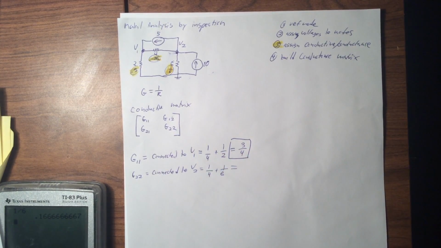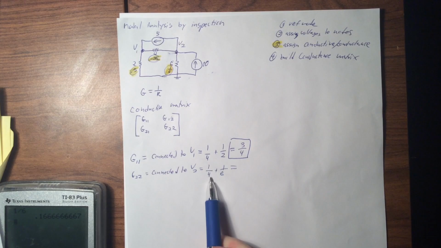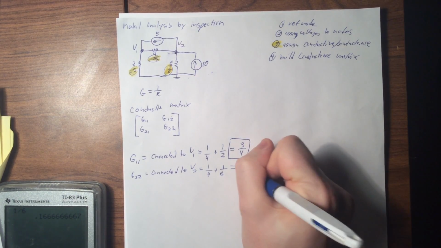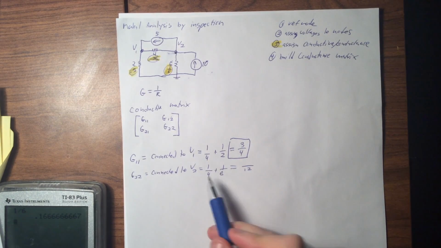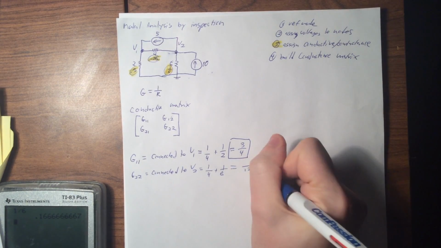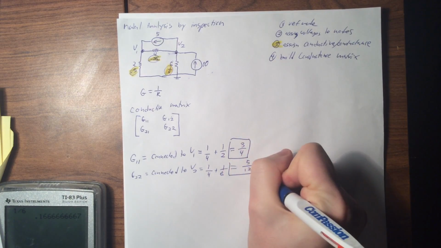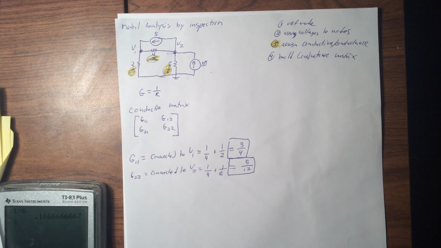What's the bottom piece? If we multiply this one by 3 and this one by 2, we get 12 on the bottom. So it's 3 plus 2, 5 over 12. Yes, we're good, 5/12. So that's our G22.